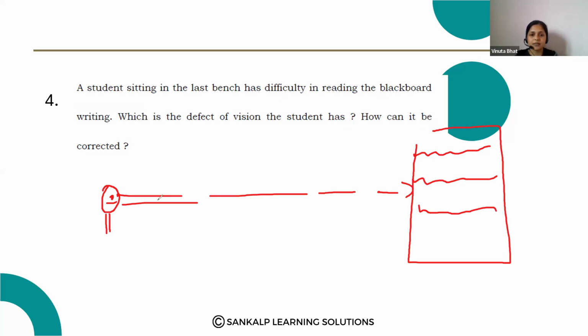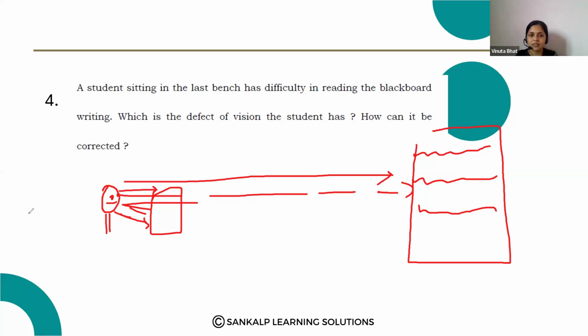But he is able to read his book and observe all the letters present in his book, but is not able to see what is written on that blackboard. So what type of eye defect does the student have? He is able to see the near objects, but the far ones are blurred, or he is not able to catch them.